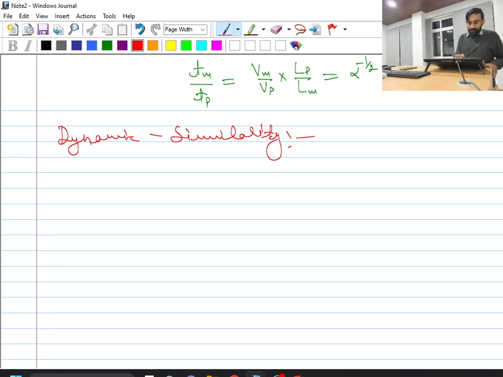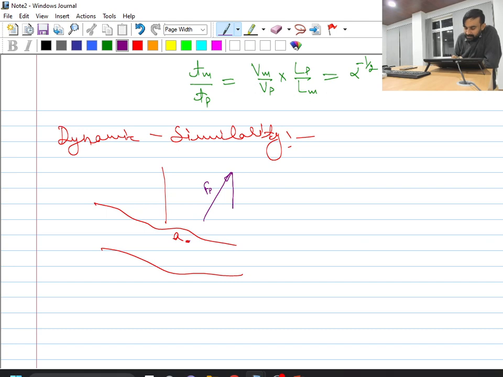For example, say I have some reservoir and fluid is flowing through it. If I consider an arbitrary point A in the prototype, the force triangle is something like this: this is the pressure force, this is the gravity force, and this is the viscous force, F mu.